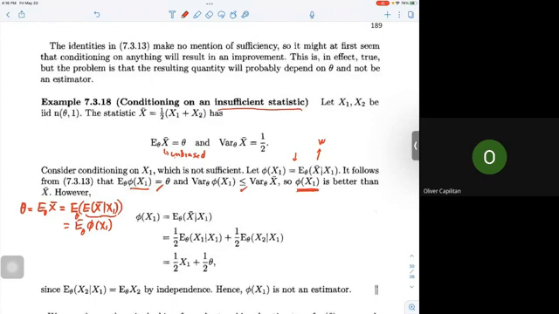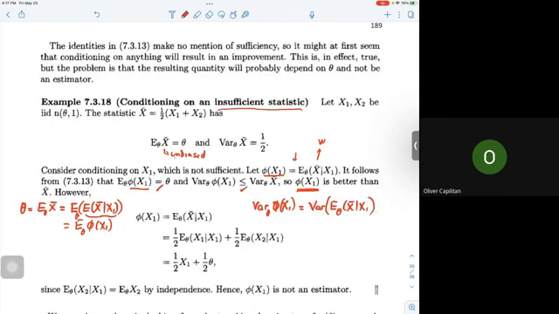The variance of phi of X1 is less than or equal to the variance of the sample mean. Say the variance of phi of X1, indexed by theta. What is our phi of X1? It is the conditional expectation of X bar given X1.